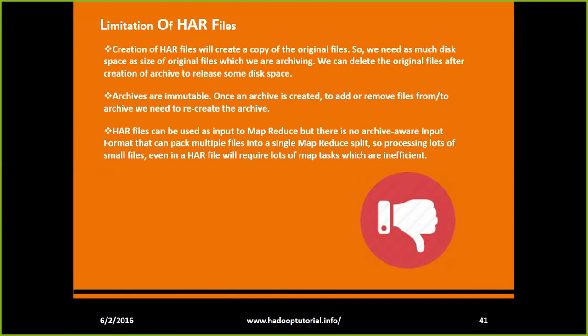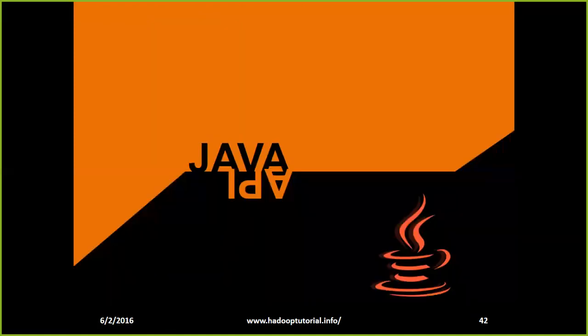If they are not splittable, they can't be run on multiple data nodes. Okay, so because of these limitations, we generally never use this in our practical use cases. So I tried to cover some of the various things.